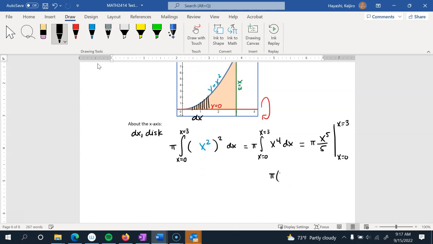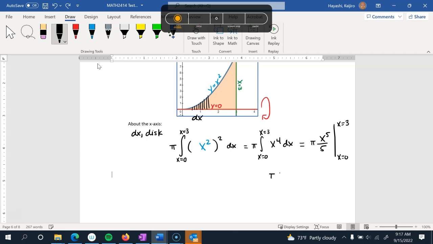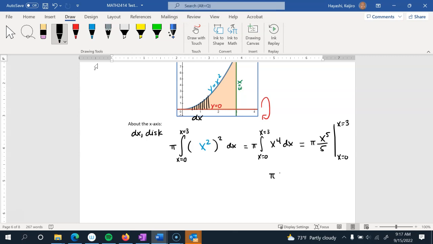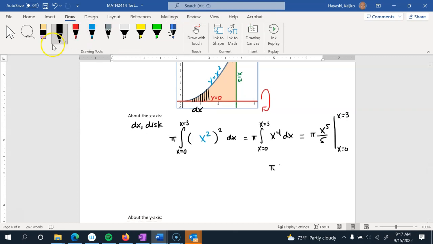So this is pi times 3 to the 5th over 5 minus pi times 0 to the 5th over 5. That is simply 243/5 pi.